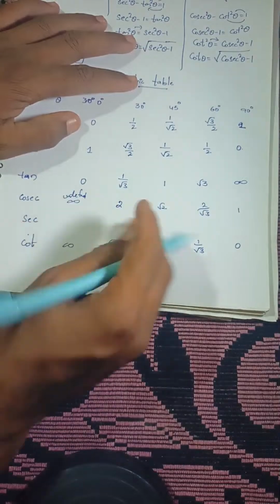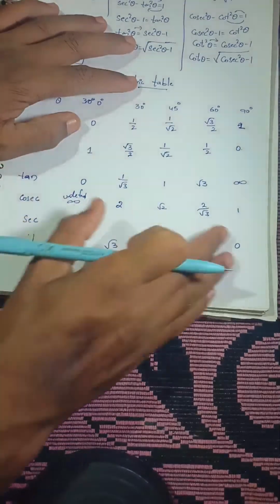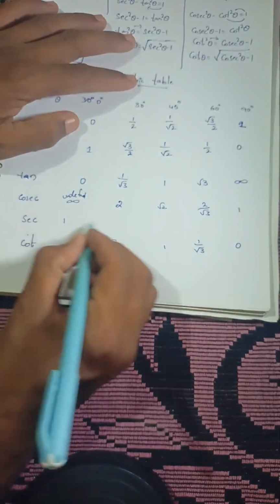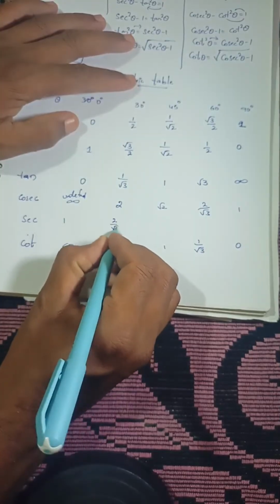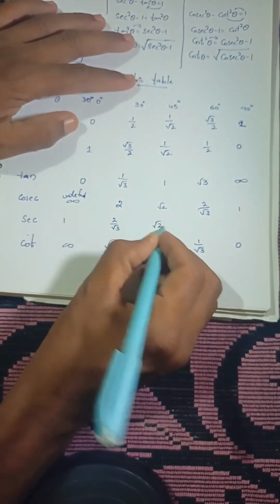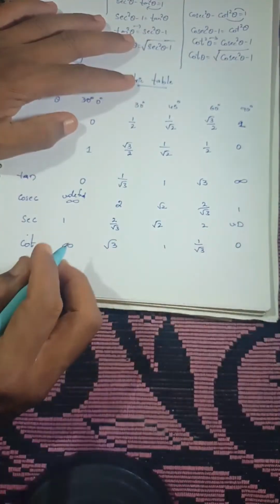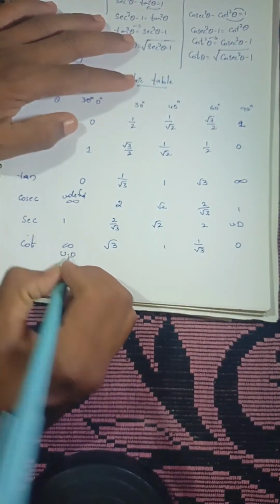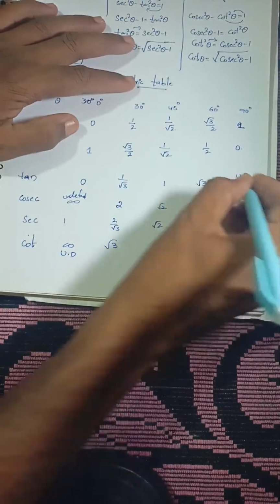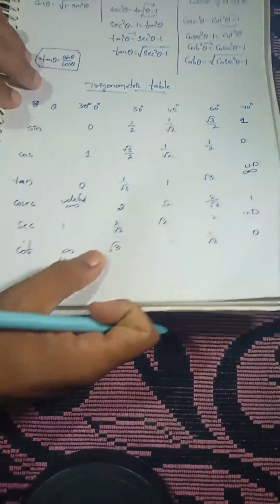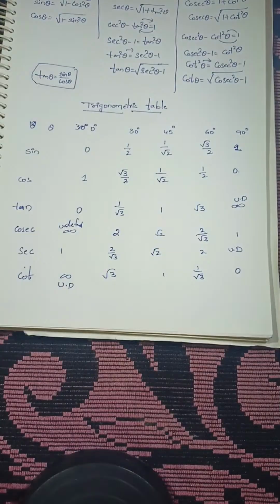Cosecant in reverse order, if you write, you will get secant: 1, 2 by root 3, root 2, 2 and undefined. You can write U and D for undefined. So I will keep it for 1 minute. Please note down this table clearly.